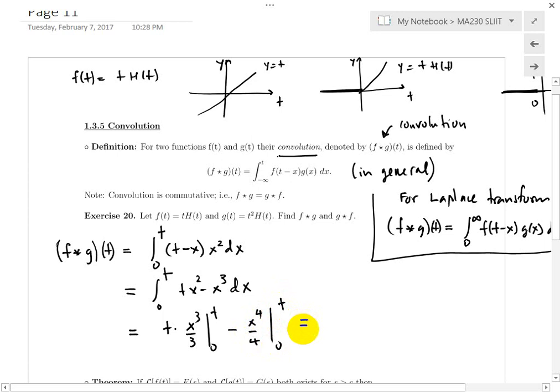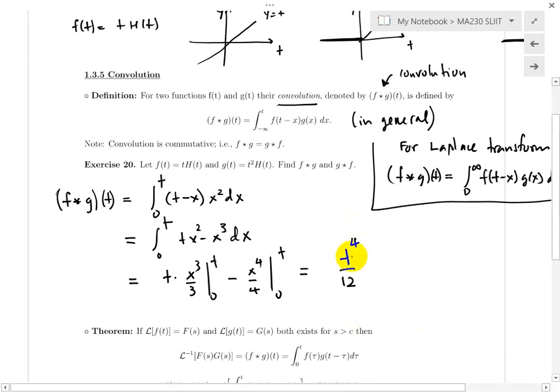So put the limits. When it is 0, everything is 0. So I think the answer is t to the fourth over 12. Note that this is a function of t.